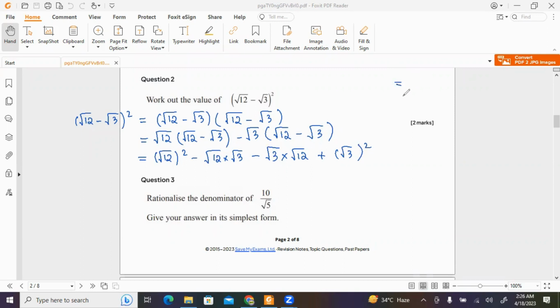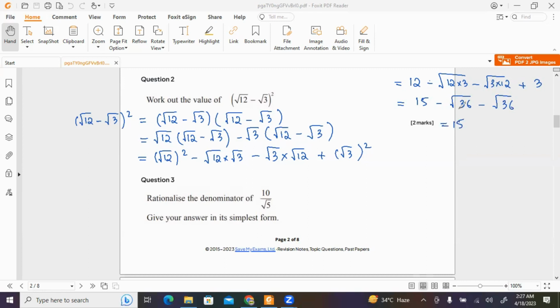So square of root 12 is 12. We combine 12 and 3 in the same root. Same over here. Square of root 3 is 3. 12 plus 3 is 15. 12 times 3 is 36. Now, once again, 36 is a square number.